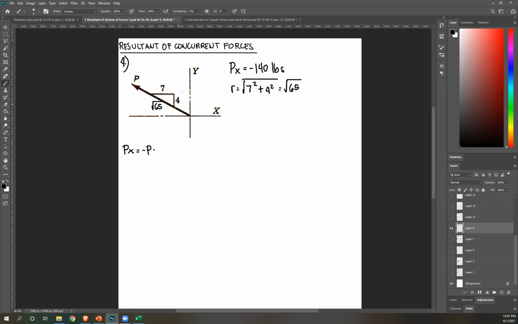Parallel to x, this is your x, or the side that is horizontal. So times 7, and then just divide by the hypotenuse, square root of 65. And then write out our values. Px is negative 140, negative 140 equals negative P times 7 over square root of 65. Please solve. What's P?